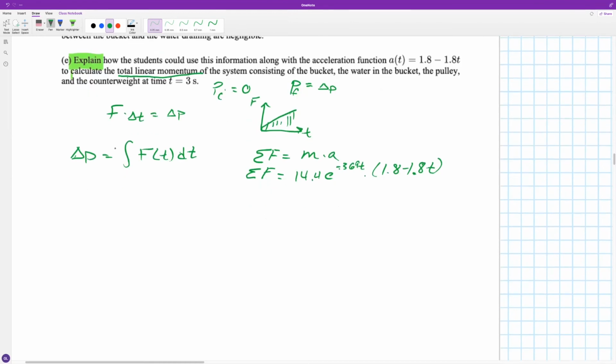But the idea is we can integrate m of t times a of t from 0 seconds to 3 seconds to find the impulse. That's what we're doing here.